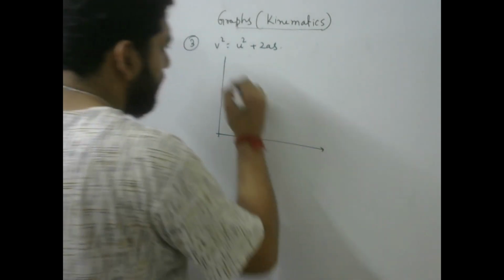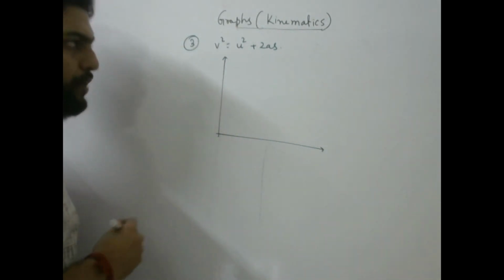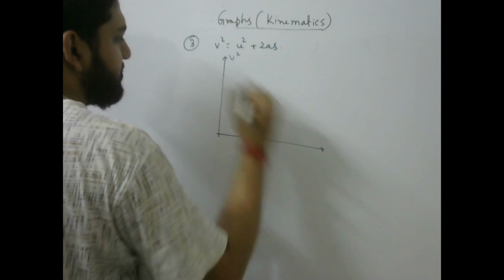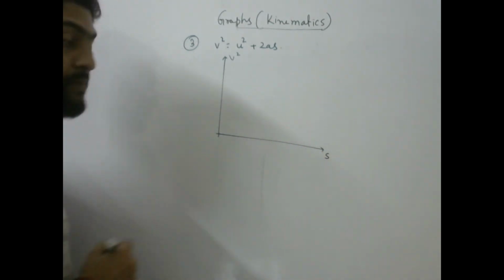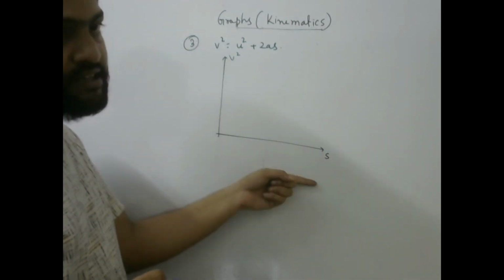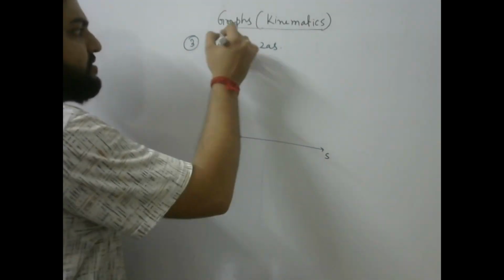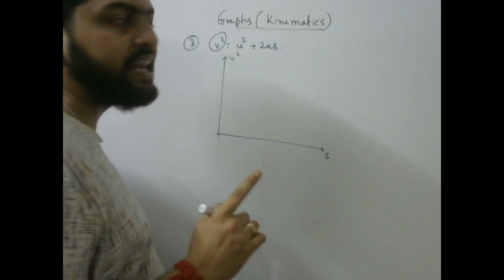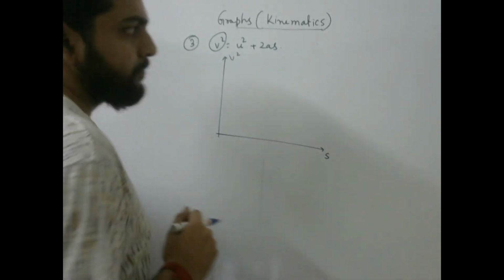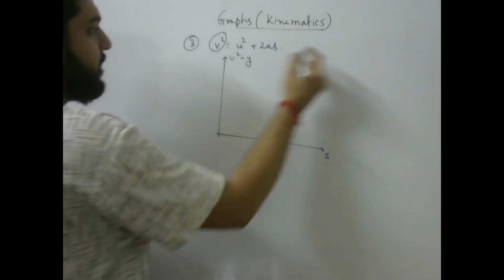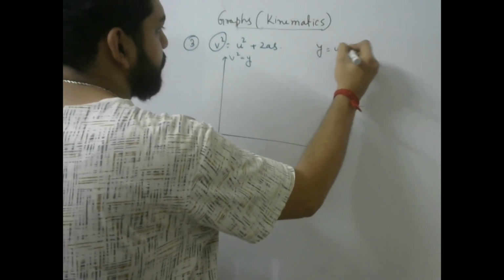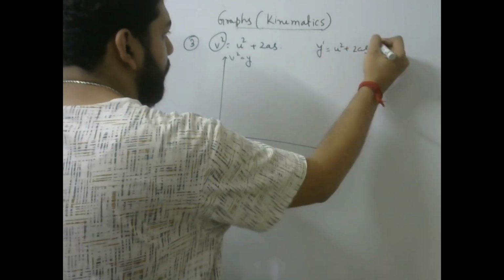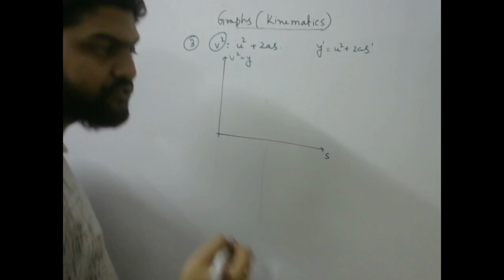Now if you are asked to draw the v square versus s graph, v square itself is a variable, not v, so it will be a straight line. If we assume v squared equals y, the equation is y equals u square plus 2as. So y has power 1, and it will be a straight line.